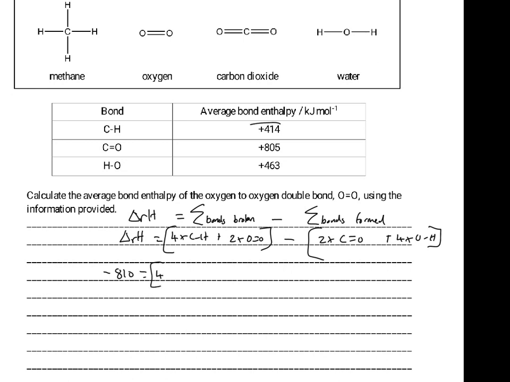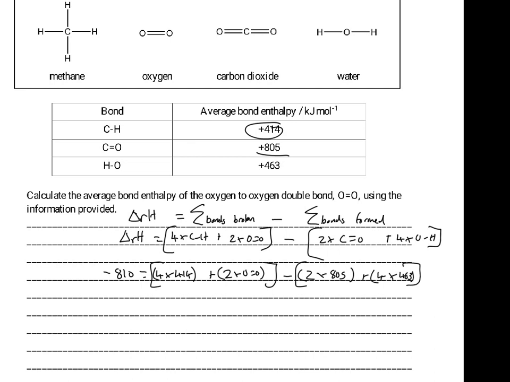You're told that CH is 414, so 4 times 414. Oxygen is the one we're trying to work out, so 2 lots of O, that's what we're trying to work out. C double bond O, you're told is 805. And OH you're told is 463.